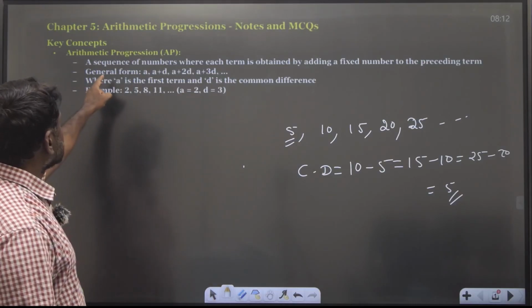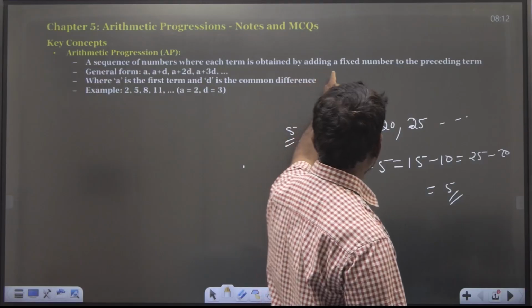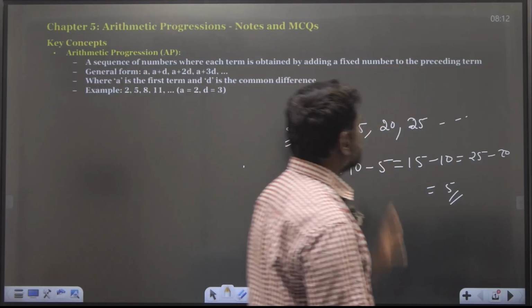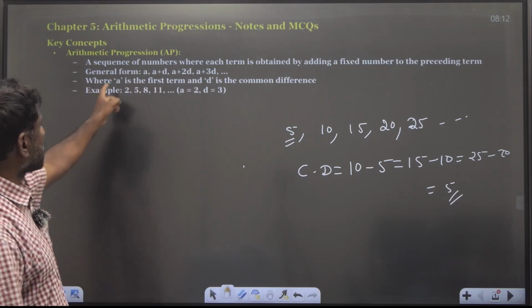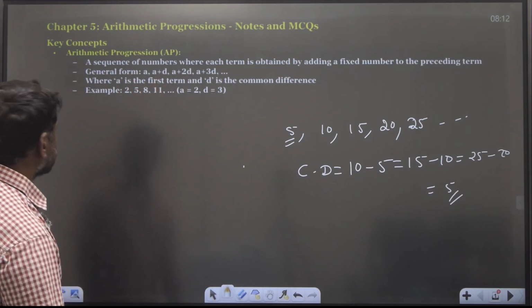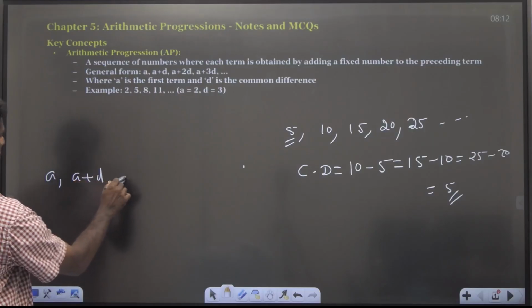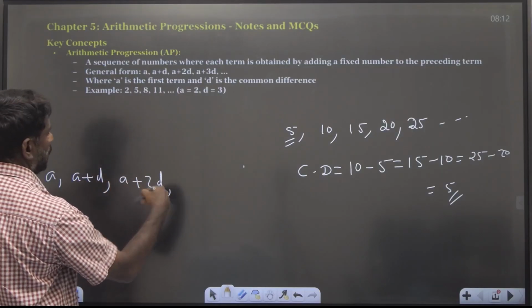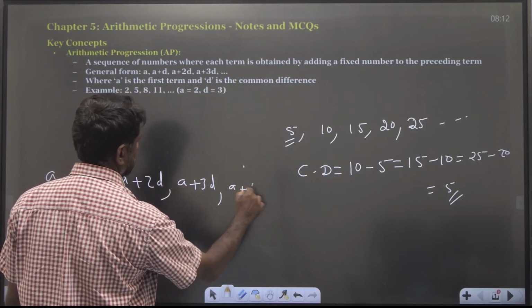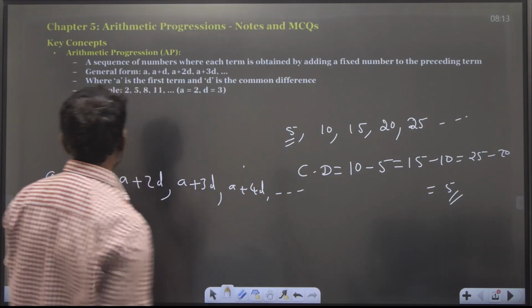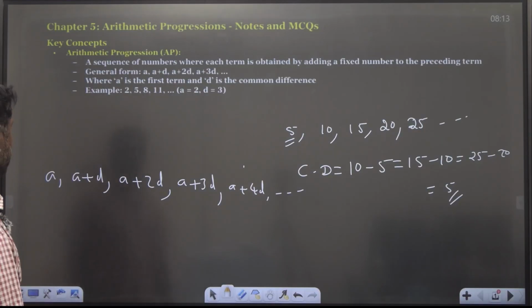So the definition is a sequence of numbers where each term is obtained by adding a fixed number to the preceding term. That we already discussed. And the general form of an AP is very important: a, a plus d, a plus 2d, then a plus 3d, then a plus 4d, etc. This is the general form of an arithmetic progression.